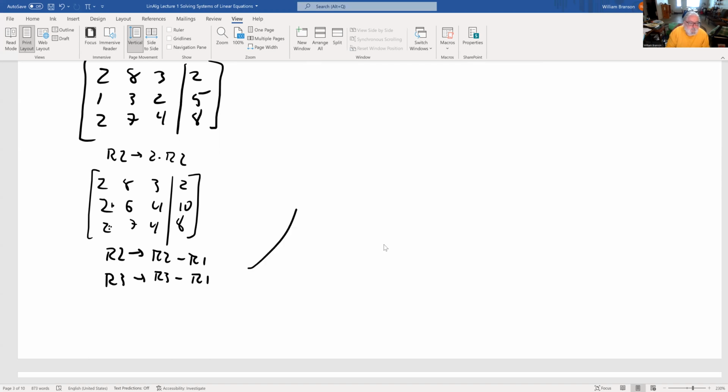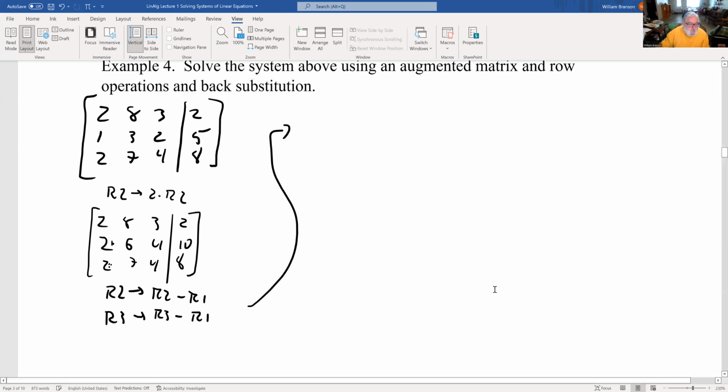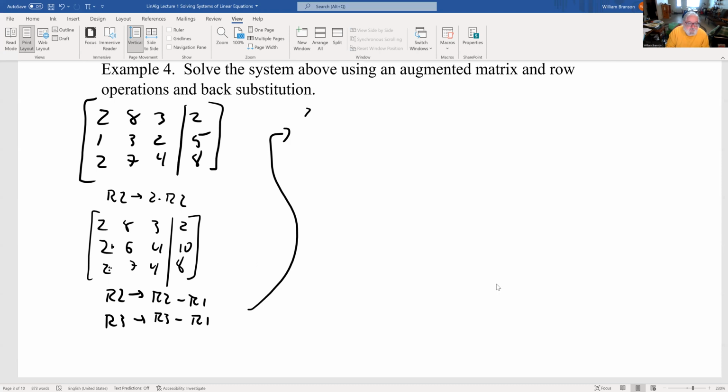So the first row stays the same. The second row: 2 minus 2 is 0, 6 minus 8 is minus 2, 4 minus 3 is 1, 10 minus 2 is 8. Row 3: 2 minus 2 is 0, 7 minus 8 is minus 1, 4 minus 3 is 1, 8 minus 2 is 6.